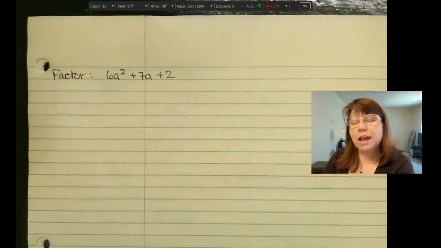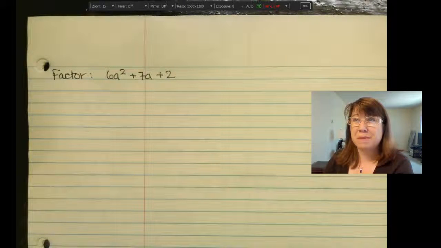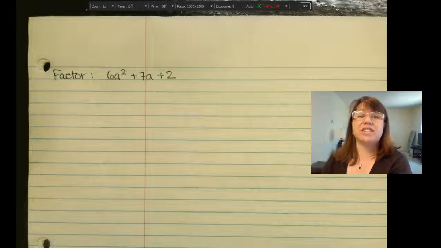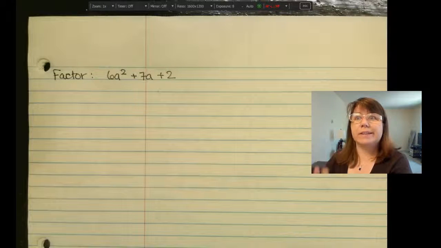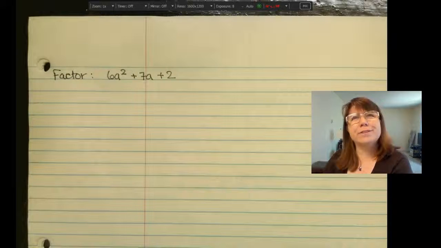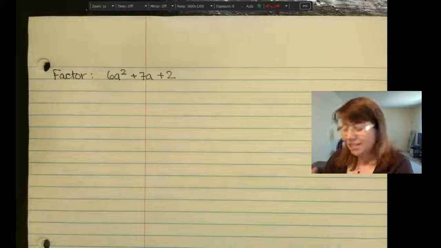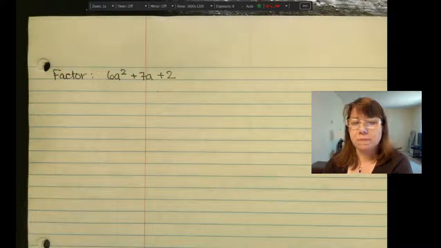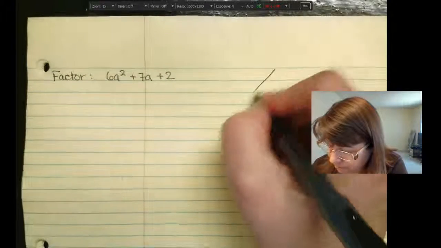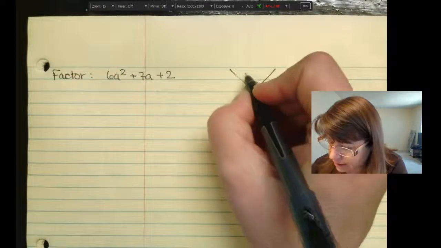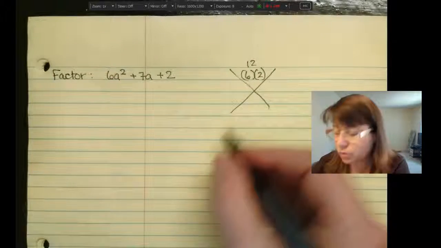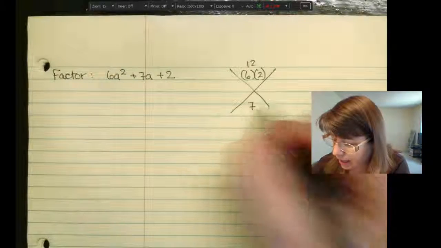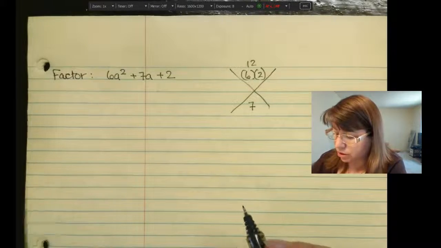And I'm done. I want to show you this one last problem because you might feel yourself that you're stuck, and I want to give you some insight on how to unstick yourself. So I'm going to run through the first part using our method. 6 times 2 is 12, and I need two numbers to add to 7 but multiply to 12.